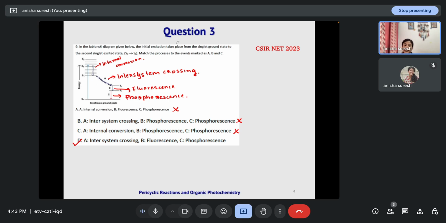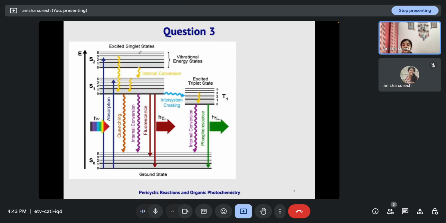For your reference, I have attached an example of a Jablonski diagram here. You can see that when irradiated with light, the electrons will be excited from the S0 state to higher excited states like S1 and S2.